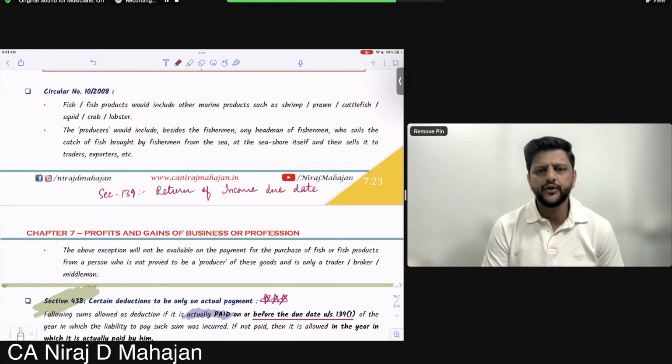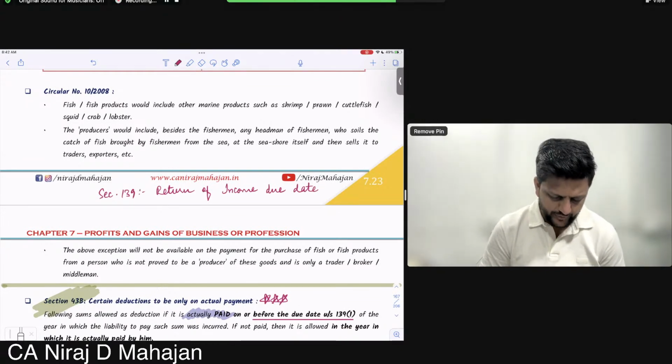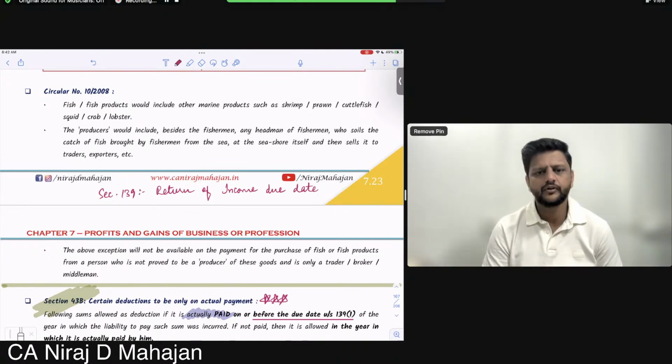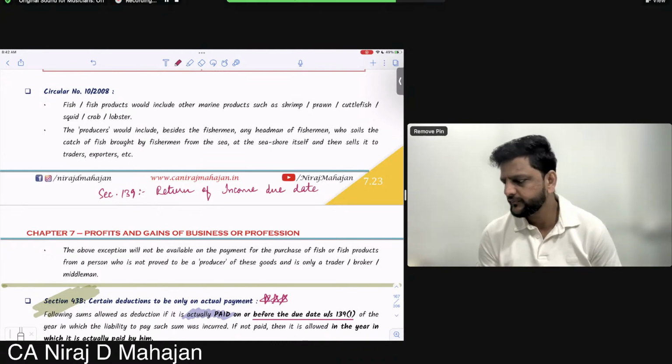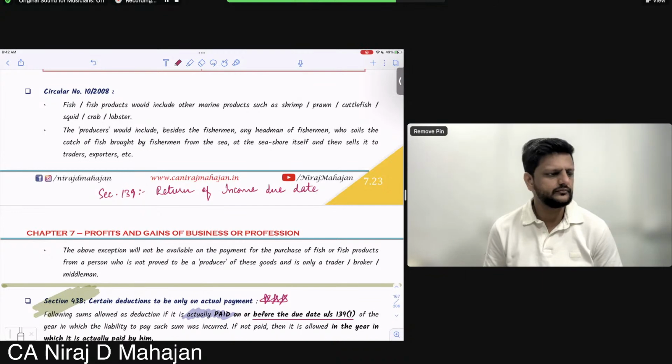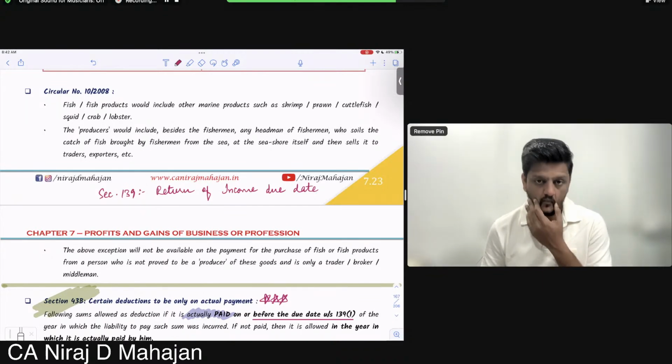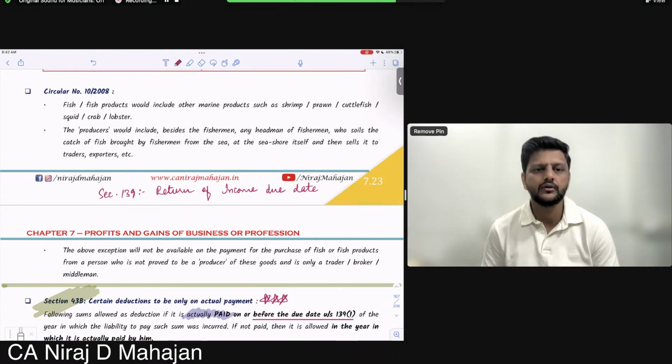Return of income due date. Return of income due date. Fine, all of you? Okay, all of you. Alright till here? Return of income, that is the income tax return due date.